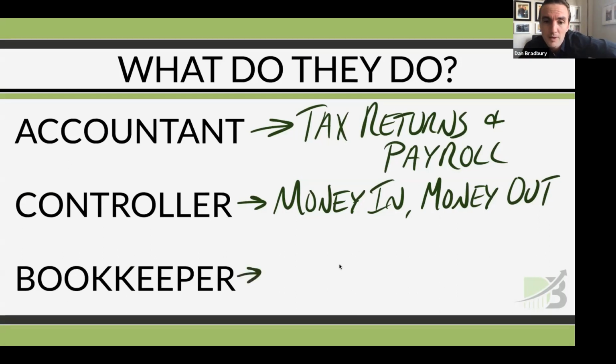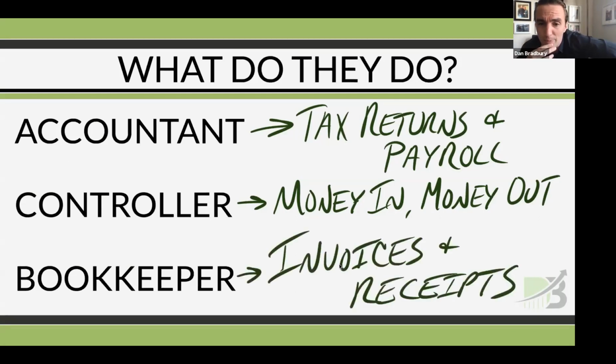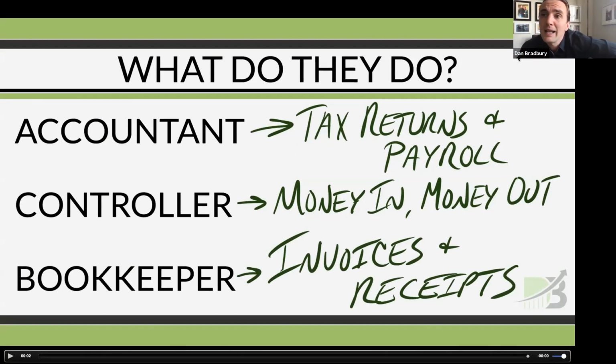However, a different way of saying it is the bookkeeper is the foundation, because the bookkeeper's job is to raise and track, to record, all invoices that you raise for customers, so that's for sales revenue, and to track all receipts, expenses.